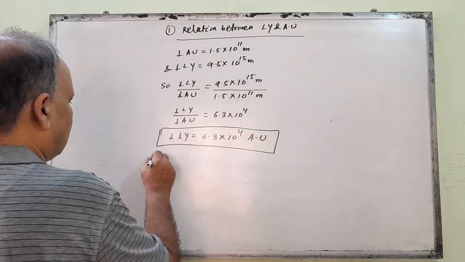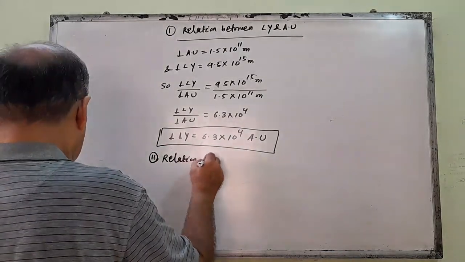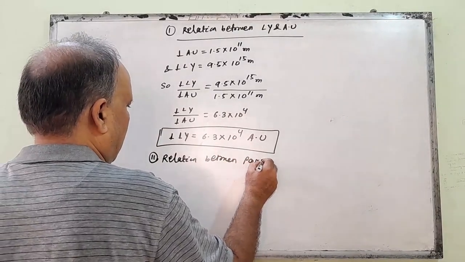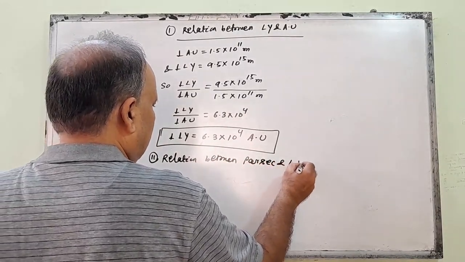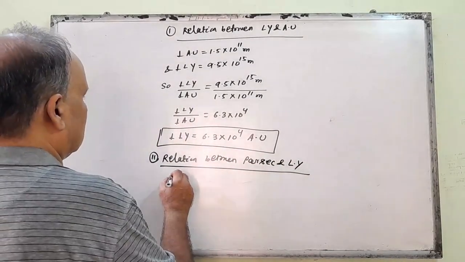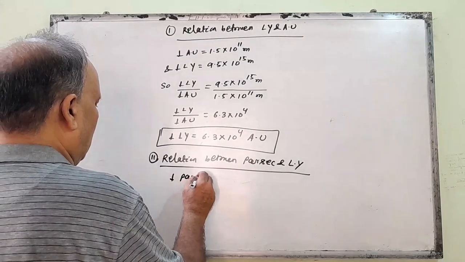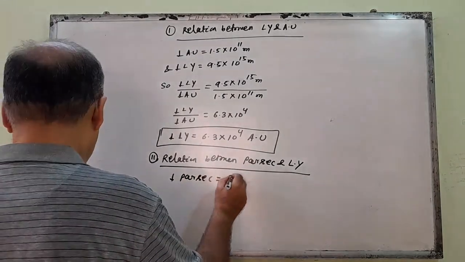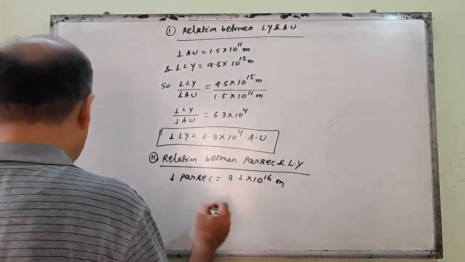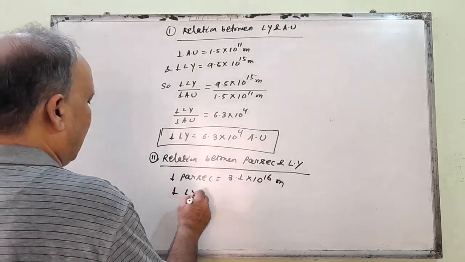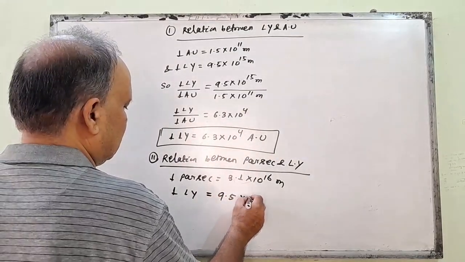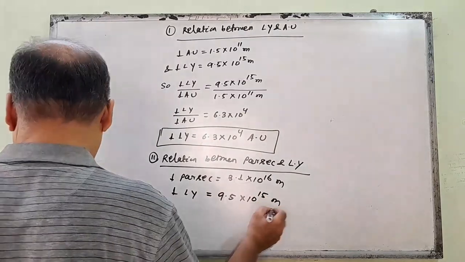Secondly, the relation between parsec and light year. We know 1 parsec is equal to 3.1 into 10 to the power 16 meter, and 1 light year is equal to 9.5 into 10 to the power 15 meters.